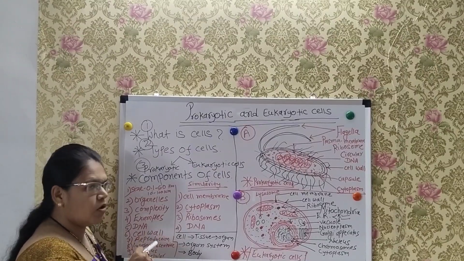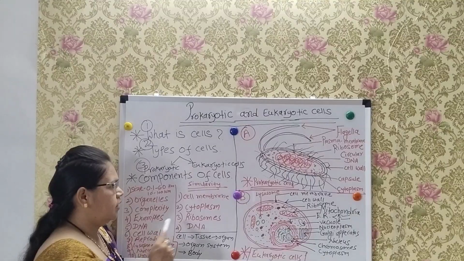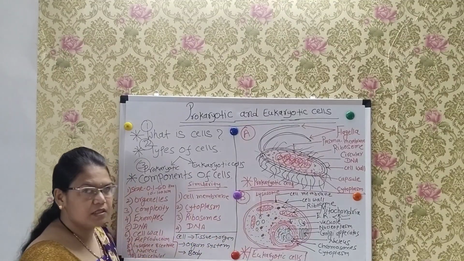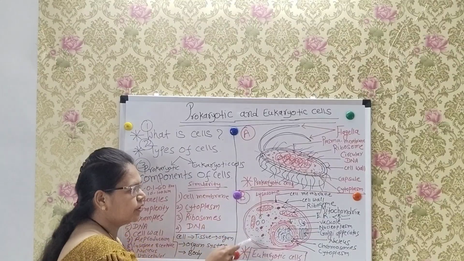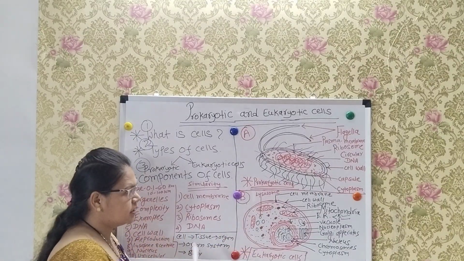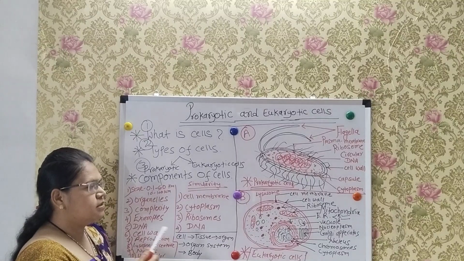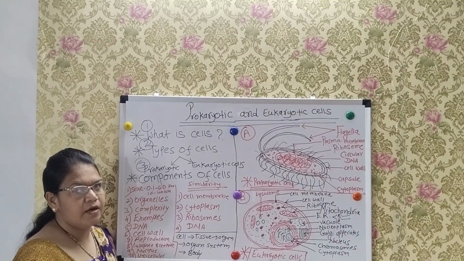Next, third, complexity. Prokaryotic cells are very small and simple cells, but eukaryotic cells are large and complex cells. For example, prokaryotic cells are bacteria.